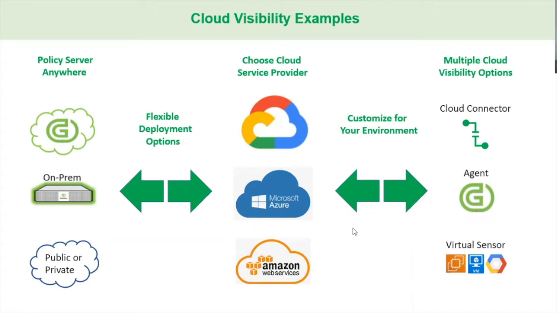That's where the cloud connector comes into play. And then also the virtual sensor component is a way to get visibility by deploying a Genian sensor into any cloud environment to detect information about the nodes, IP-enabled nodes that are present in the environment.